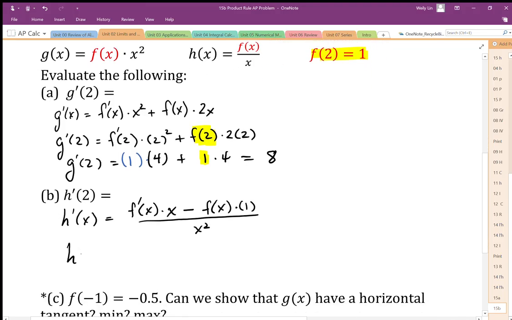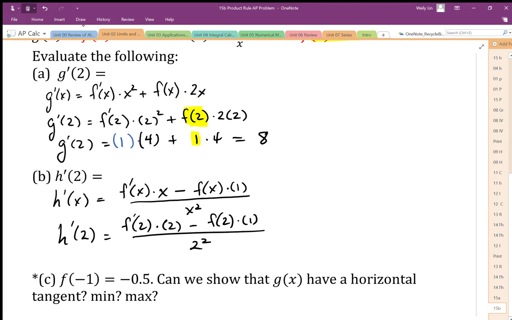So if I want to know h prime of 2, I need to know f prime at 2. I know the x value. I need to know the f value at 2, and I'm going to divide by 2 squared.